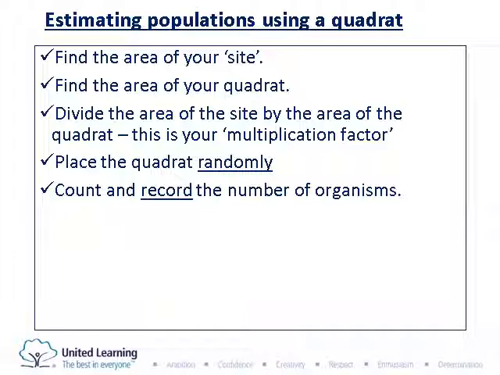So if this example was dandelions, you count how many dandelions are in your quadrat. You repeat that 10 times. And obviously you take down your recording of the number of dandelions in each quadrat each time.